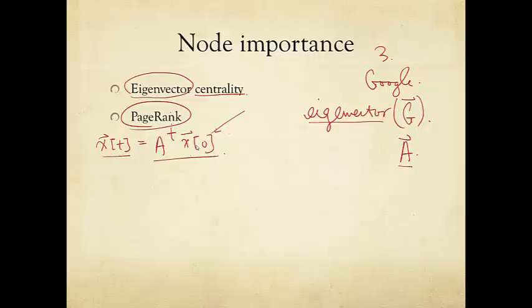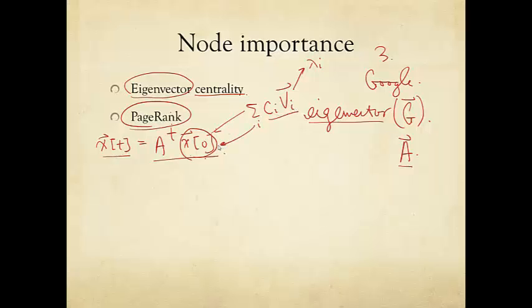We know that any given vector, we can decompose that, represent that as a weighted sum of the eigenvectors of this matrix A. Call those eigenvectors vi, and the corresponding eigenvalues scalars lambda i. And we can represent any initialization vector as the linear combination with weights ci of these eigenvectors.